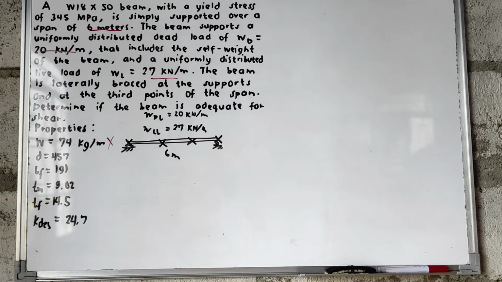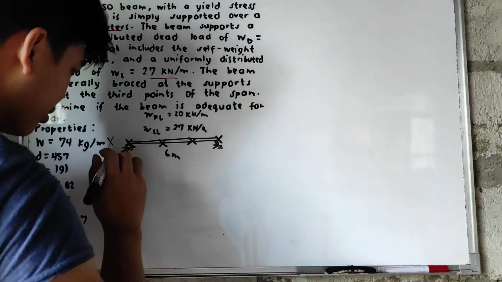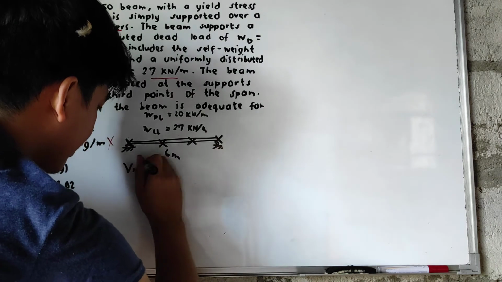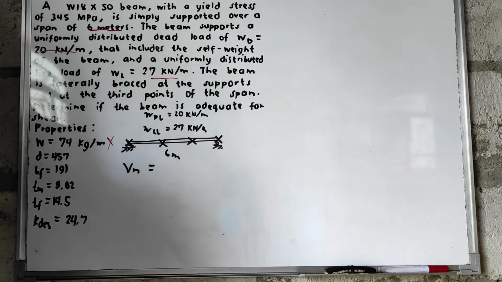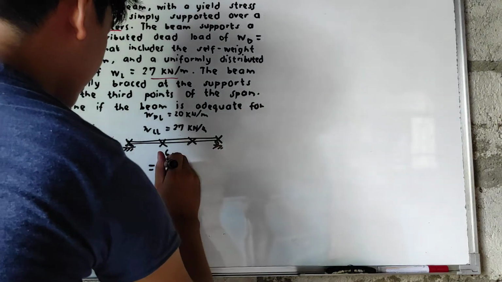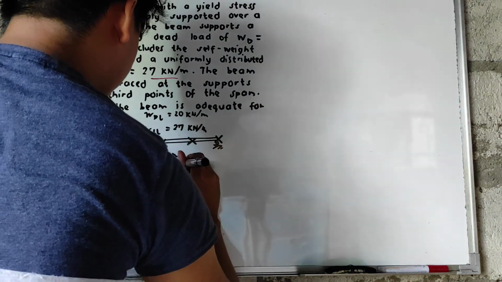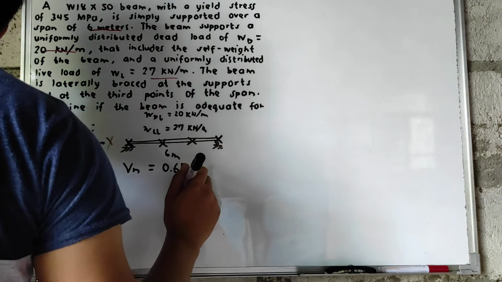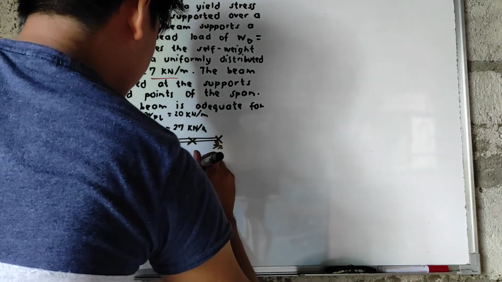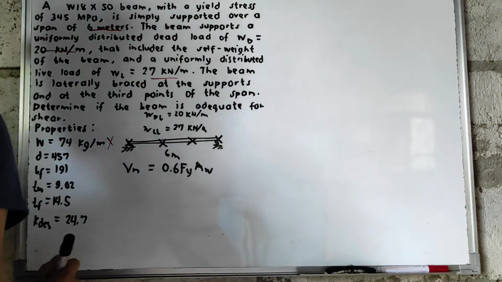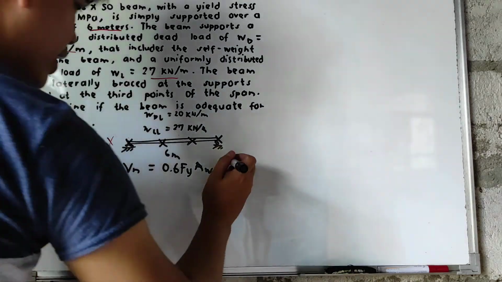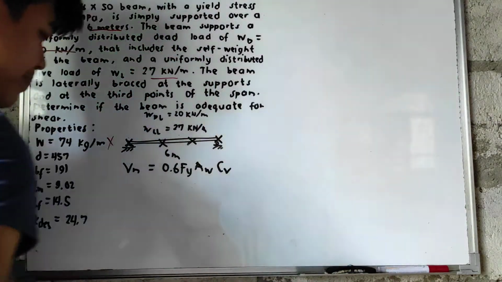So, hanapin muna natin yung nominal shear strength, which is denoted by V sub n. So, as given by the formula, V sub n is equals to 0.6 Fy multiplied by the area of the web multiplied by the Cv.